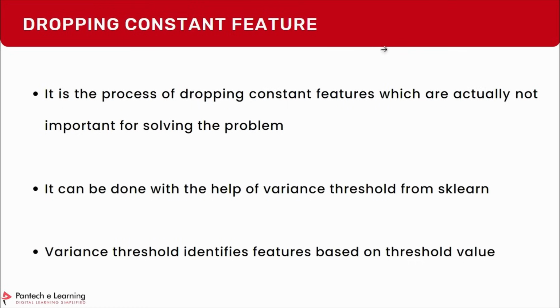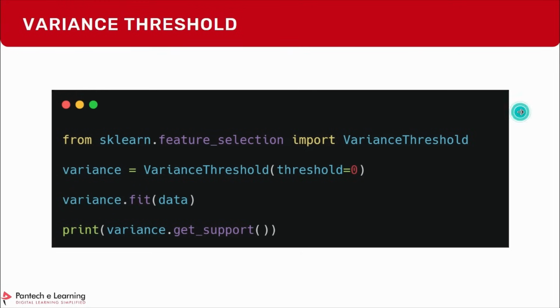So dropping constant features, which are not important for solving the problem, can be done with the help of VarianceThreshold from Sklearn. The variance threshold identifies features based on a threshold value. So we can have a threshold value, and based on that the output will be selected.